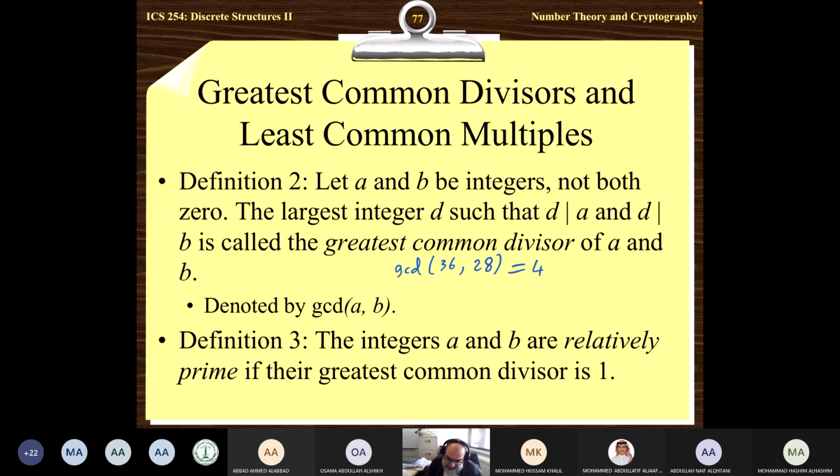The integers A and B are relatively prime if their greatest common divisor is 1. Now, if you choose any 2 prime numbers, are they going to be relatively prime?